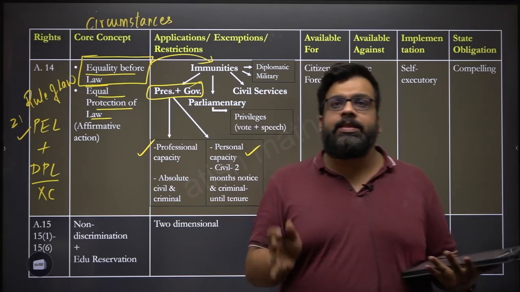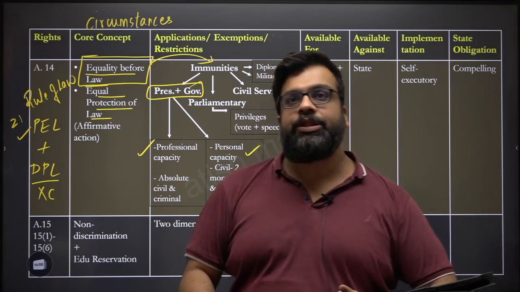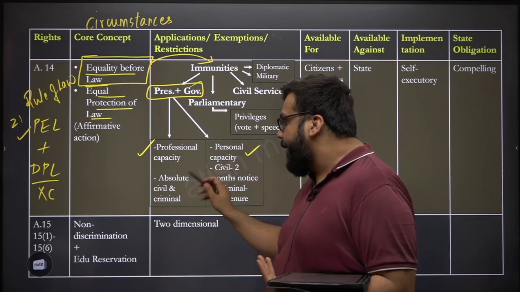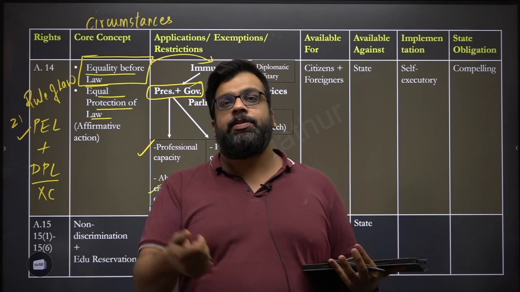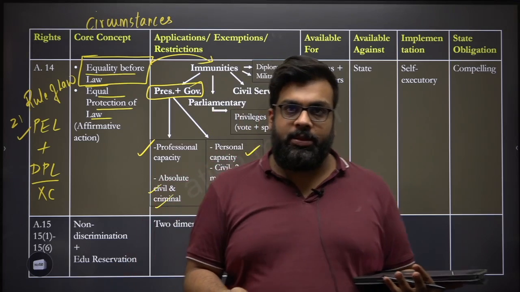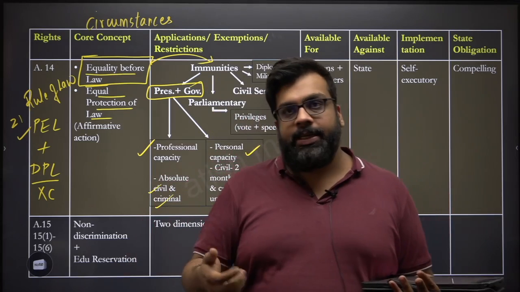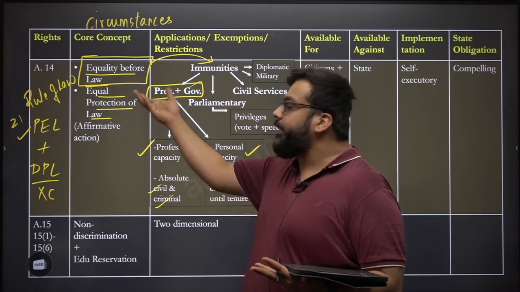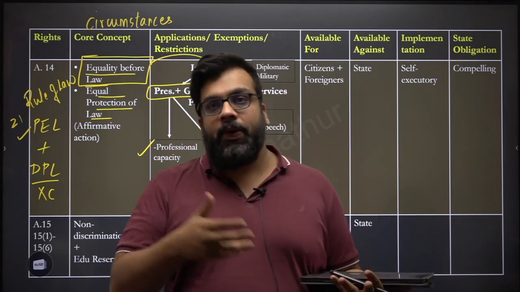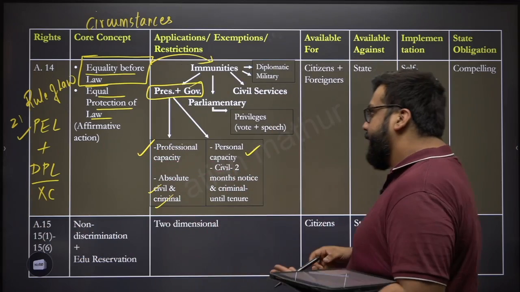As far as professional capacities are concerned, in the course of them discharging their duties, they have absolute civil and criminal immunity, which means a suit cannot be instituted against them, and a criminal action cannot be undertaken against them for anything that they've done in the capacity of being the President of India or the governor or the lieutenant governor of a state or a union territory.